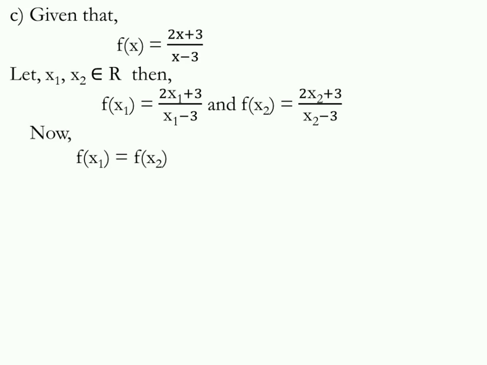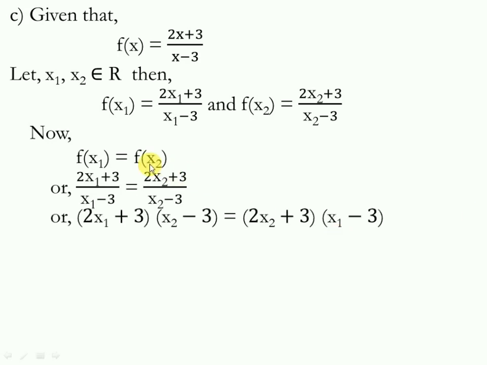So the value of f of x1 we find here is (2x1 plus 3) divided by (x1 minus 3), and f of x2 is (2x2 plus 3) divided by (x2 minus 3). Now just put the values, then making cross multiplication, (2x1 plus 3) into (x2 minus 3) equals (2x2 plus 3) into (x1 minus 3).